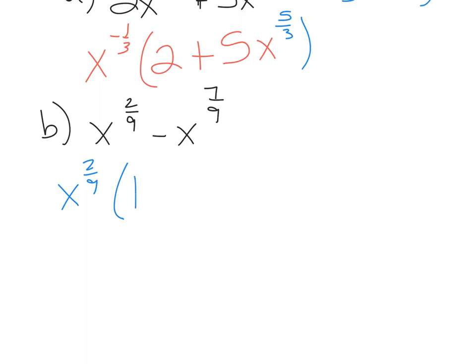If you factor out a whole entire term, you just multiply times 1 to get it back. To get this term back, remember you do subtraction. So you can subtract 7/9 minus 2/9, and that gives you 5/9. And that's your factored form.